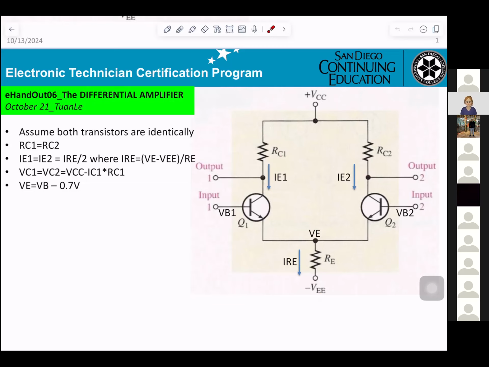That one we already know, to calculate the voltage drop. VE here equals VB minus 0.7. You know that is 0.7 here.